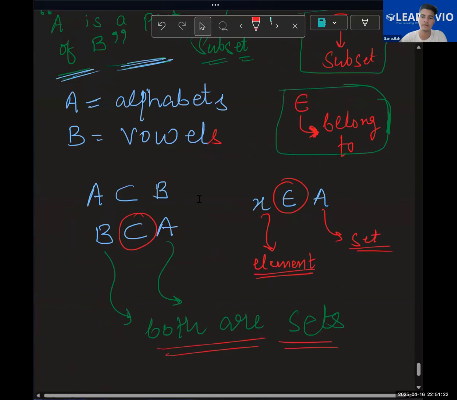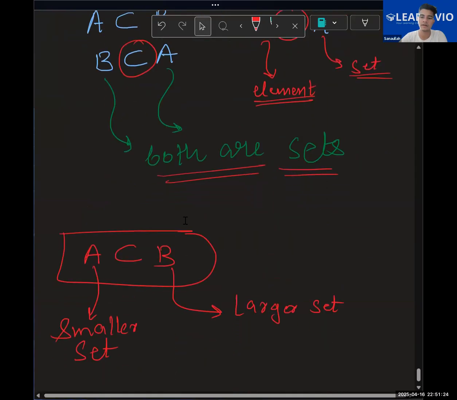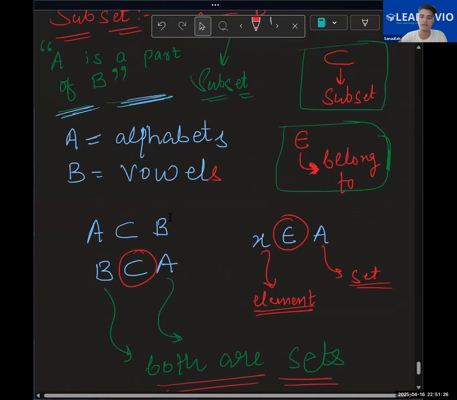Now tell me, is A a subset of B or B a subset of A?